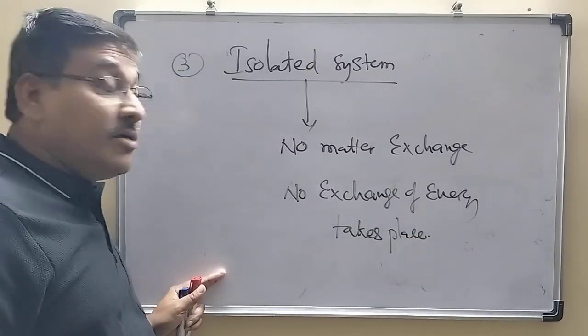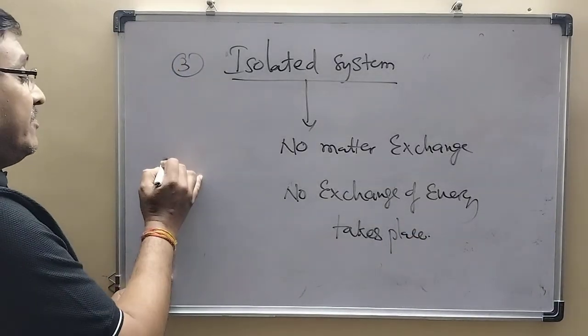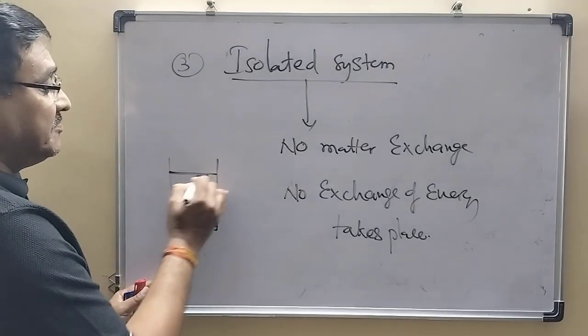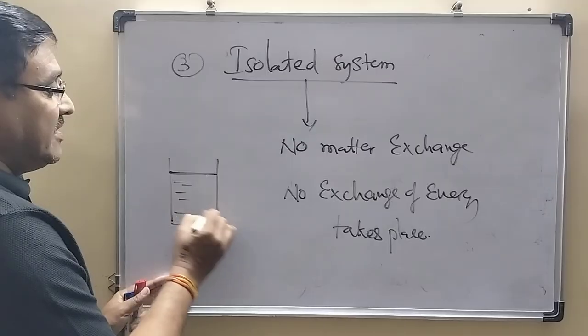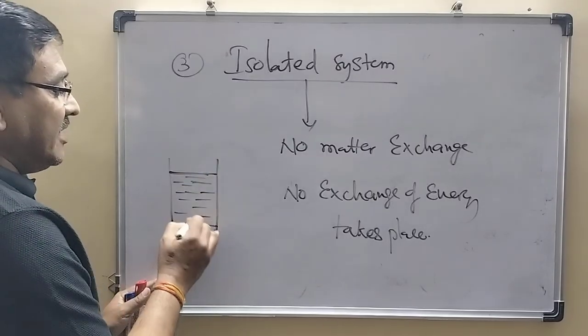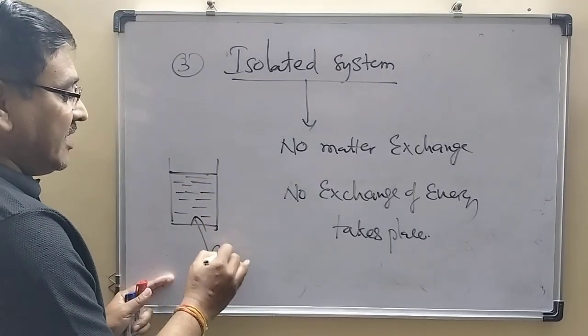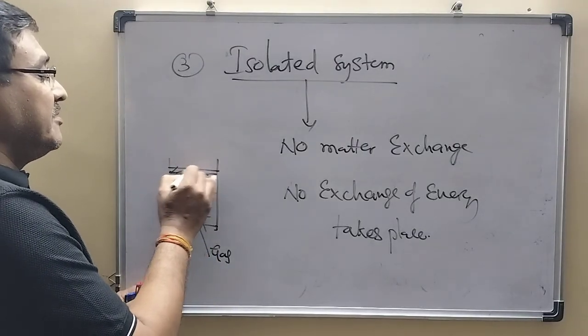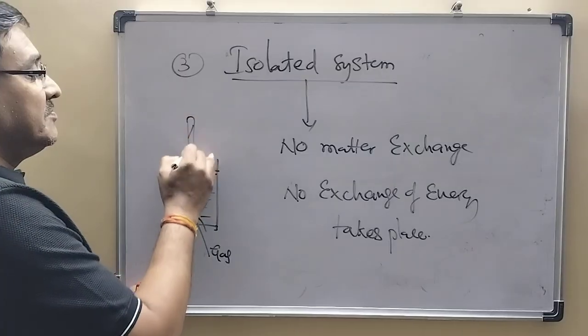Okay? So, take an example of a cylinder. Again, there is a gas in this one. Clear? So there is a piston arrangement here. This is the piston.